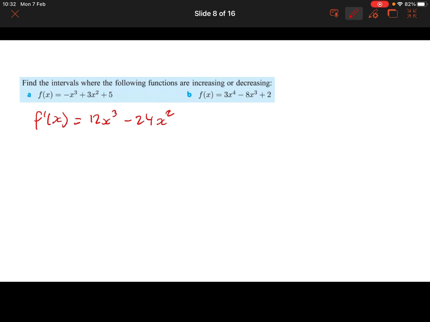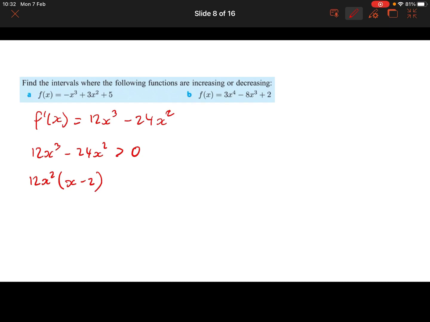Okay, so again, when is it increasing? When 12x cubed minus 24x squared is greater than 0. When is that gradient greater than 0? Well, factor out the 12 and an x squared, and we're going to get x minus 2.